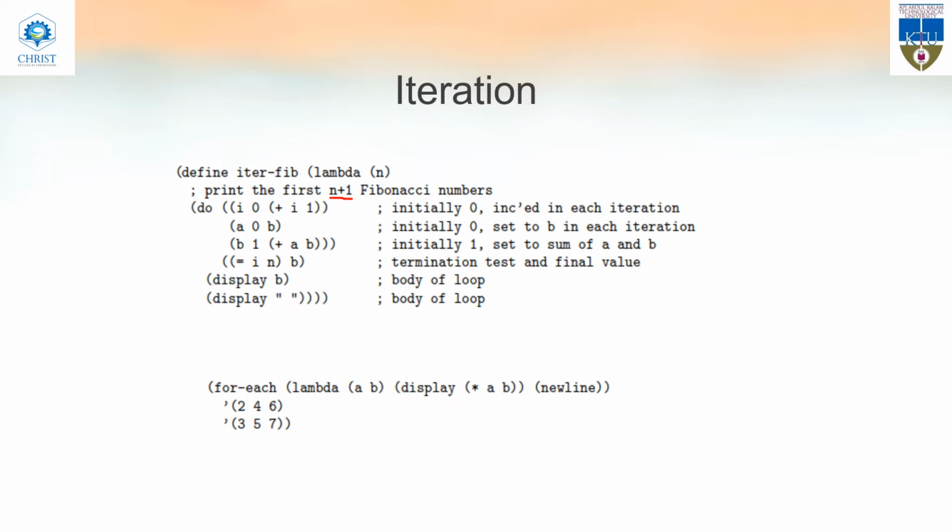We are using a variable A whose initial value is 0, and in each iteration it will take the value of B. Similarly, B is another variable whose initial value is 1, and in each iteration we add the values of A and B and store the result in B.